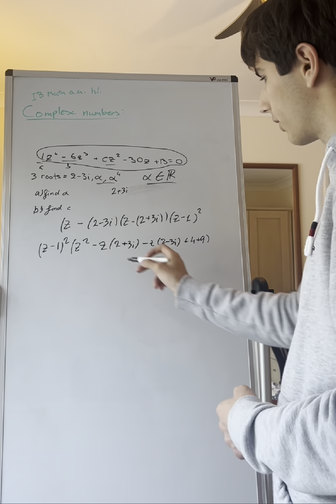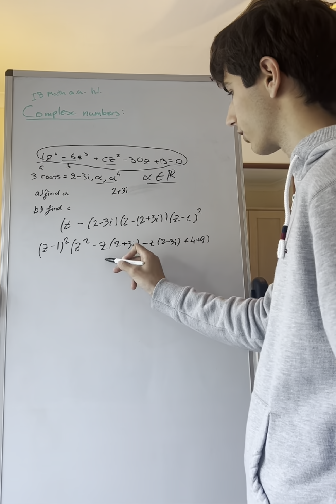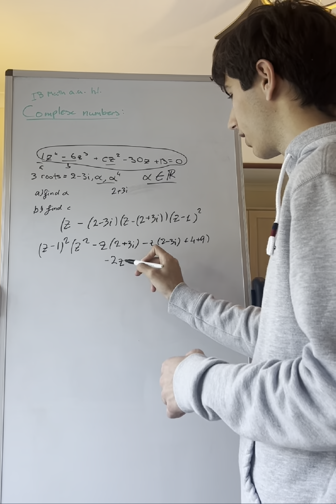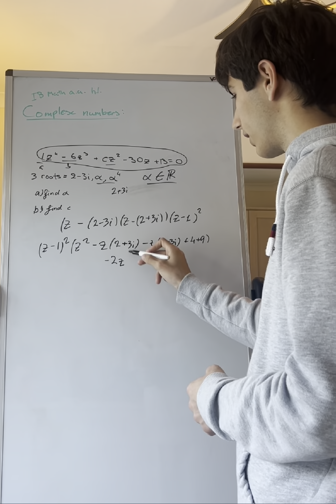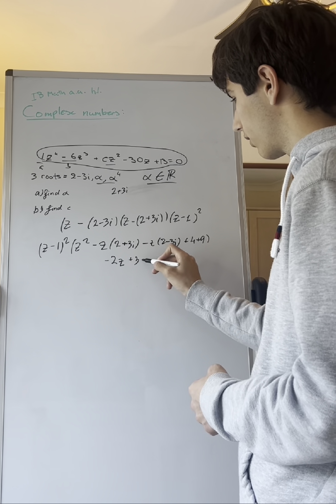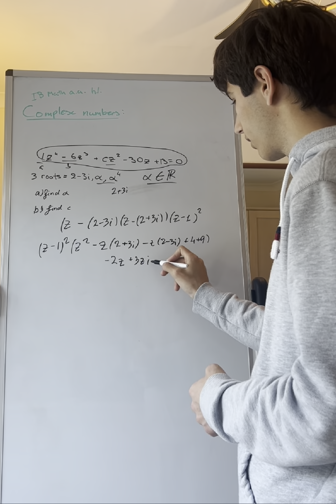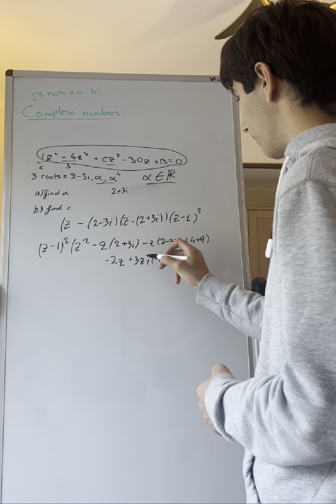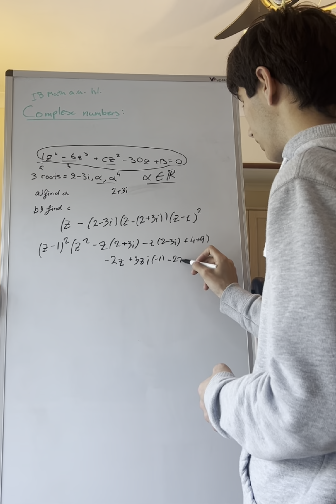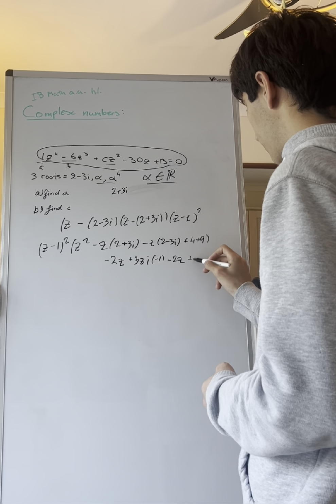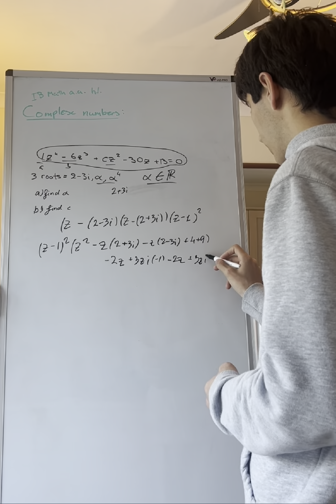And now we can simplify this by expanding, so this is going to give us negative 2z plus 3zi times negative 1, and then negative 2z plus 3zi.